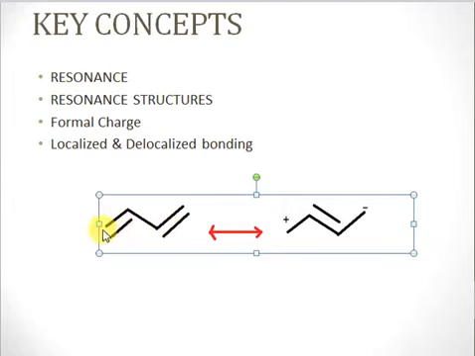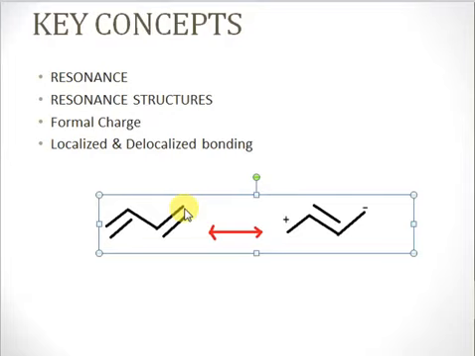So this is known as 1,3-butadiene. If you see the structure, there's a double bond between 1 and 2, and a double bond between 3 and 4, but a single bond between 2 and 3. It's a simple structure explaining everything, but there is something missing.